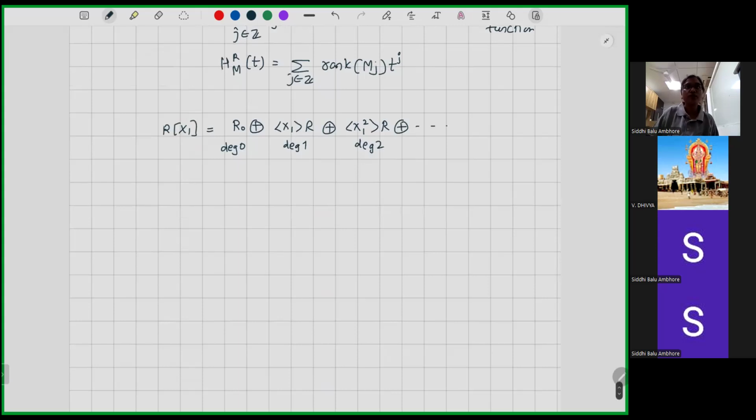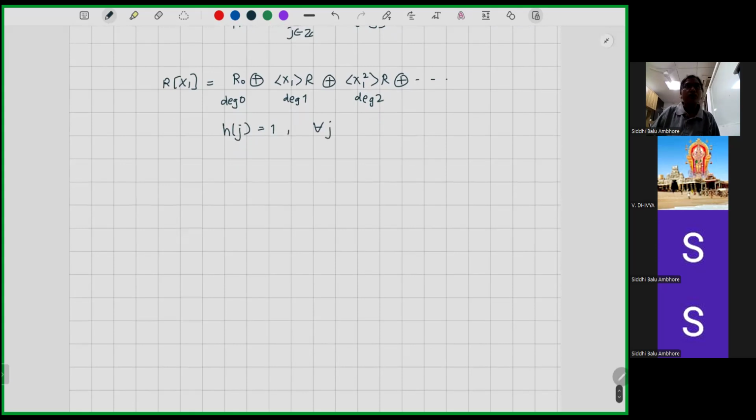So the Hilbert function becomes 1 for all j, because each degree component is generated by only one element over R. Therefore H_R(T) is the summation of T to the power j, j greater than or equal to 0, which is 1 plus T plus T squared and so on, which is 1 by 1 minus T.